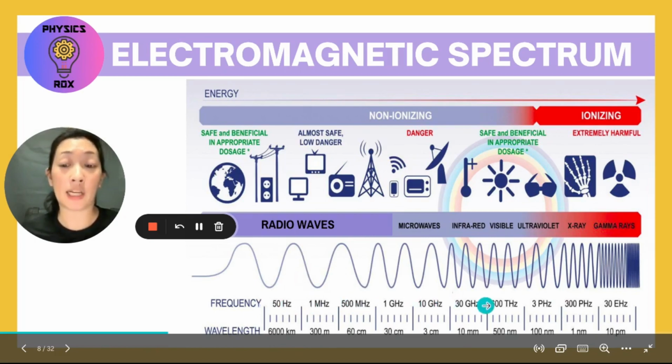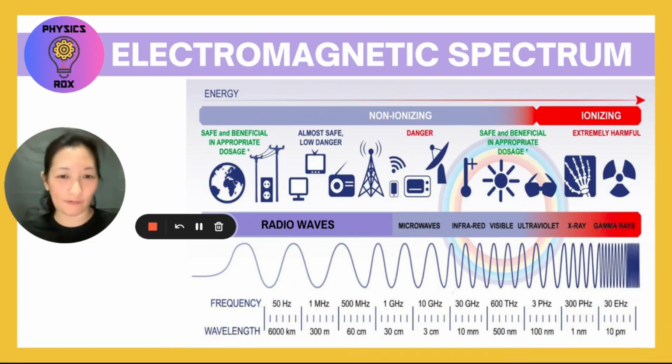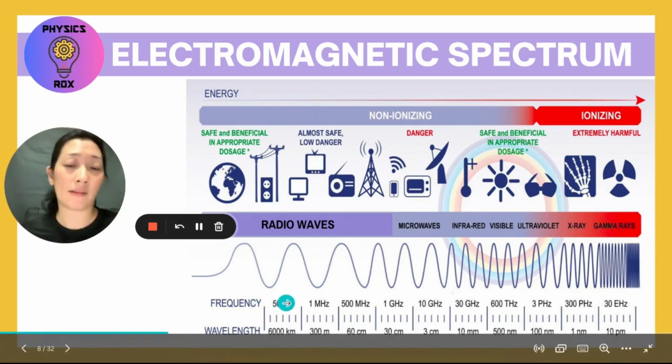The numbers are getting larger and larger until it's roughly about 30 exahertz on the side of gamma rays. The wavelength, on the other hand, starts from a huge number of about 6,000 kilometers. That's why earlier I mentioned the wavelength for radio waves is much larger than 100 meters. They start from about 6,000 kilometers. As we move across, the numbers get smaller and smaller, and when you get to the gamma rays, it's about 10 picometers.